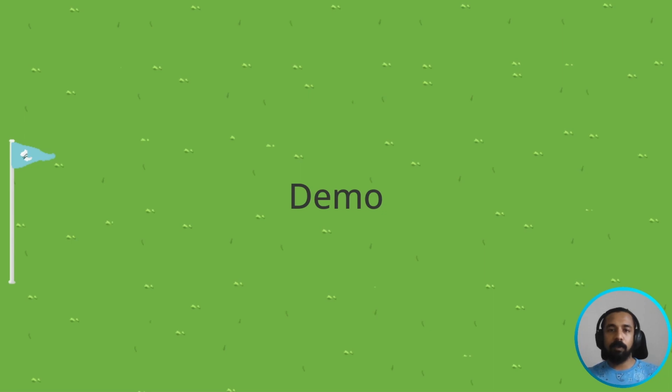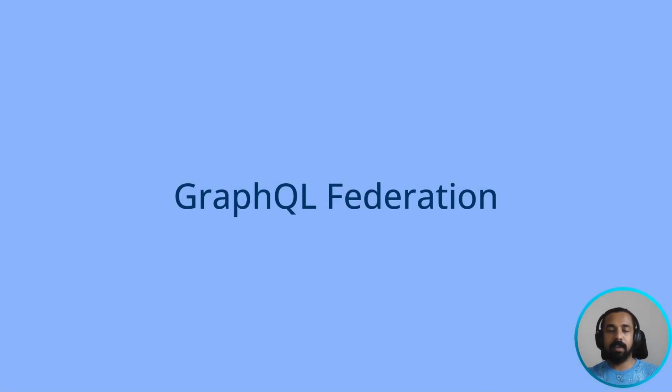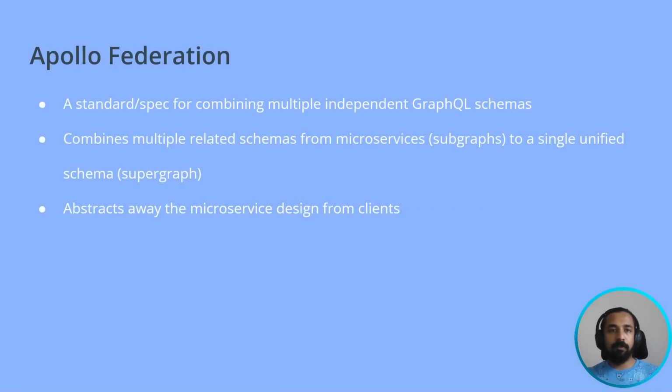Now let's move forward to our next concept, that is GraphQL Federation. GraphQL Federation, or Apollo Federation, is a standard or spec for combining multiple independent GraphQL schemas from different microservices. It was created by a company called Apollo GraphQL.